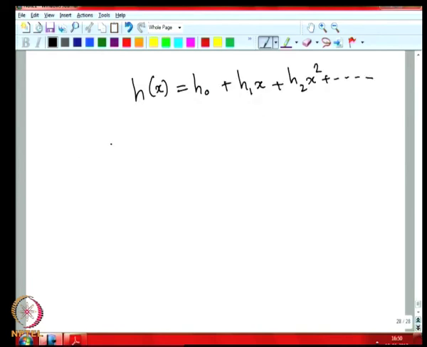So minus 5 into h of x we find: minus 5 times h0, minus 5 times h1 times x, minus 5 times h2 times x square.